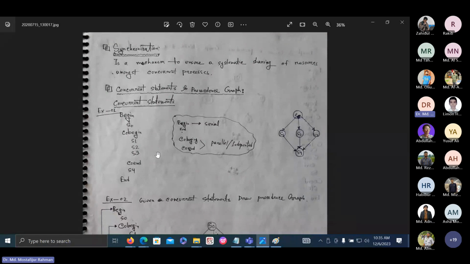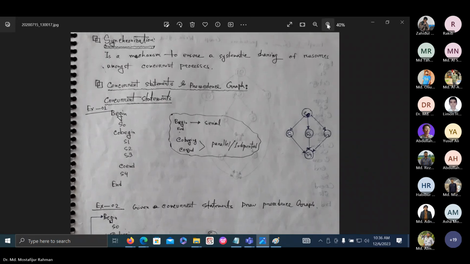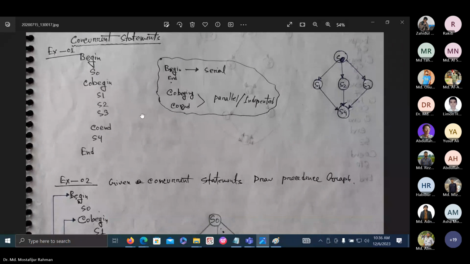Concurrent means multiple processes or statements are ready to execute at the same time. So you can see this is one example, a concurrent statement. Have you seen? Is it clear?